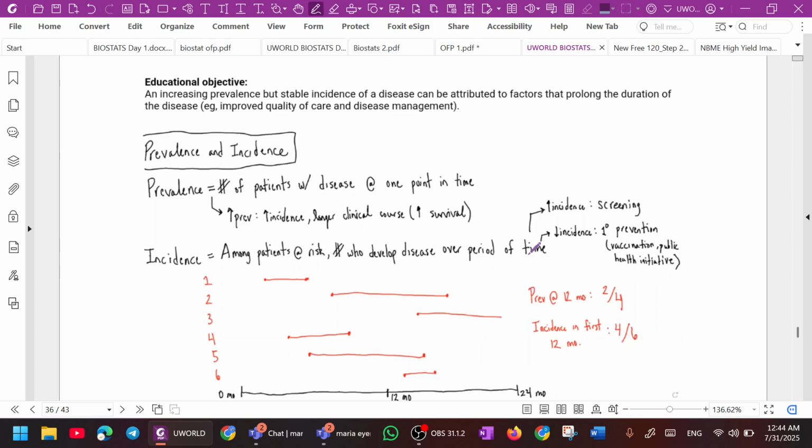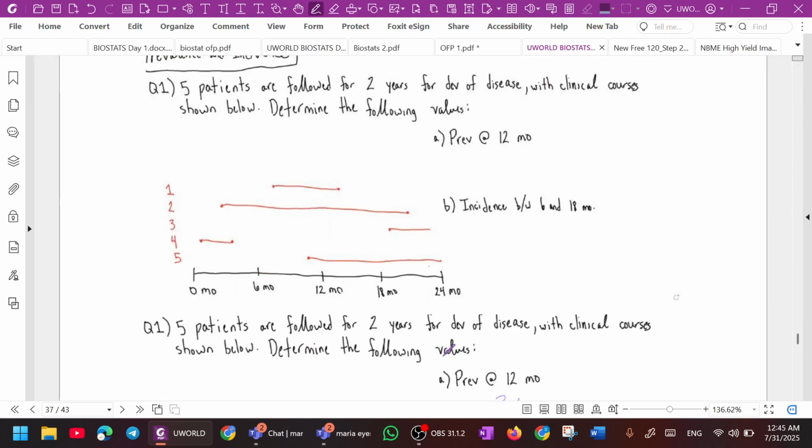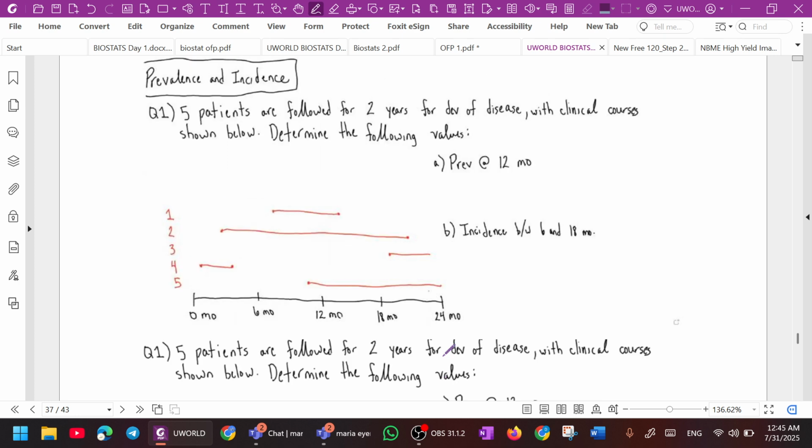So now, without looking at your notes, can you tell me the answer? Prevalence at 12 months: he died, and one, two, three people.